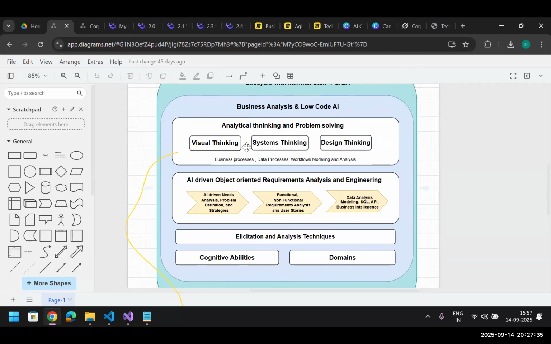Another module we are talking about is analytical thinking and problem solving. I told you that I come from the mid 90s, when we started. The way we solved problems then is different from the way we solve them today, right?